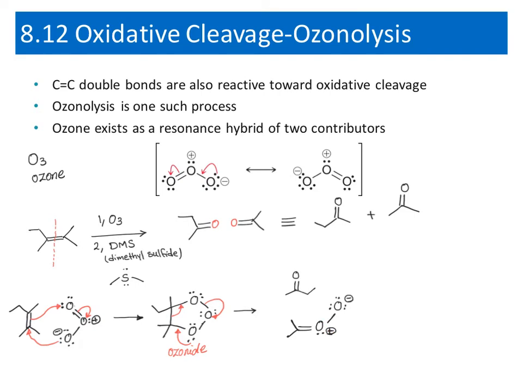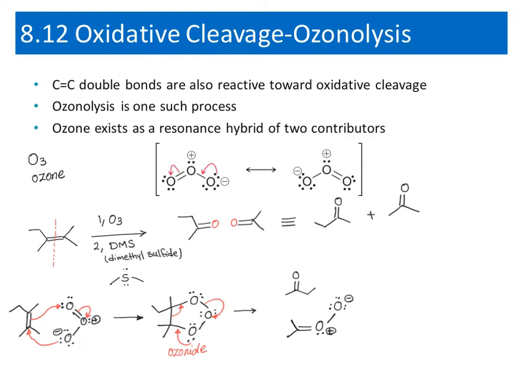However, this species is again unstable, but there is a way that it can become more stable. What we see is that this lone pair on oxygen will attack the carbonyl carbon. We know that this carbon is an electrophilic center, so the lone pair will attack the electrophilic carbon.